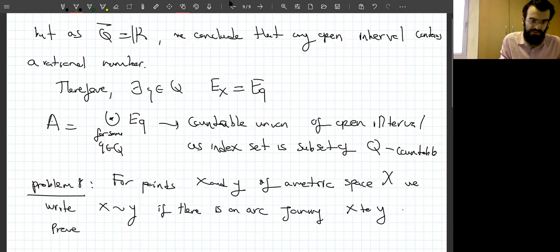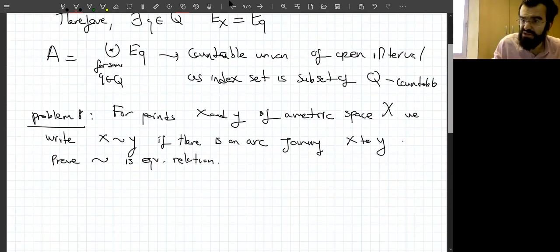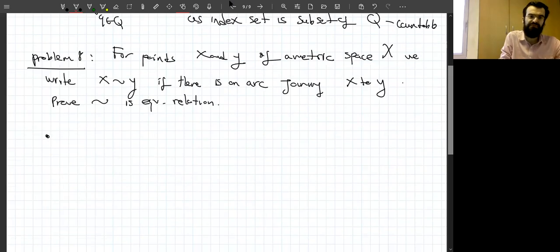Prove this is an equivalence relation. We will show that it's reflexive, symmetric, and transitive.